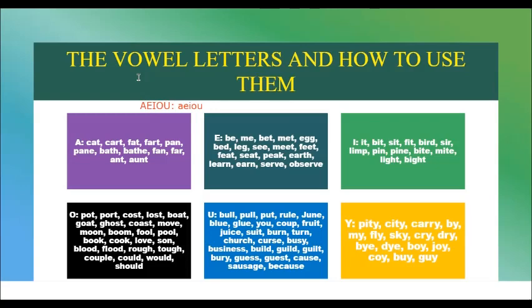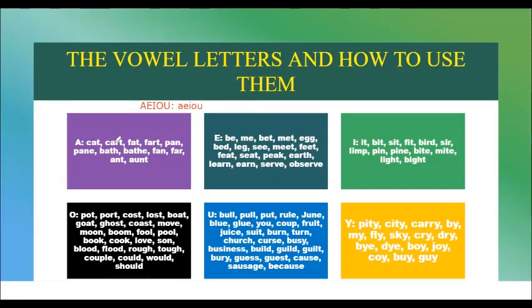So here, we have the vowel letter A, and then of course there are different sounds, but you know that the first sound is the long one, that is A. But then we have another sound which is short in cat.